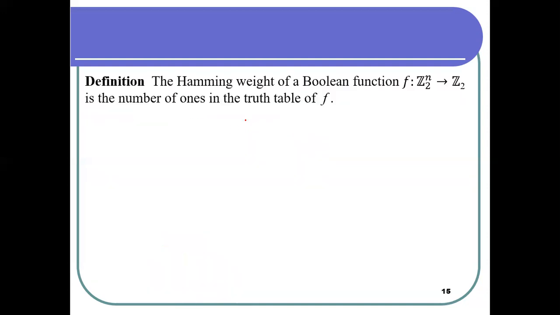The Hamming weight of a Boolean function is the number of 1s in its truth table. I take a single valued Boolean function, just to understand, where these are inputs mapped to a single value. I take x and y and x XOR y.